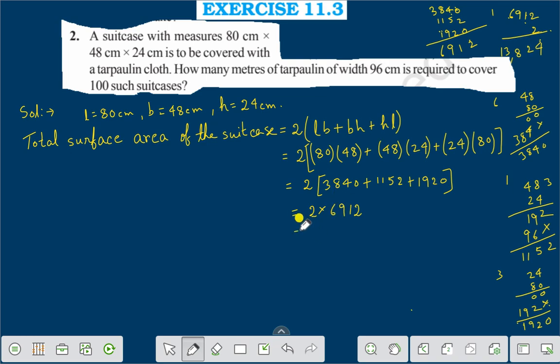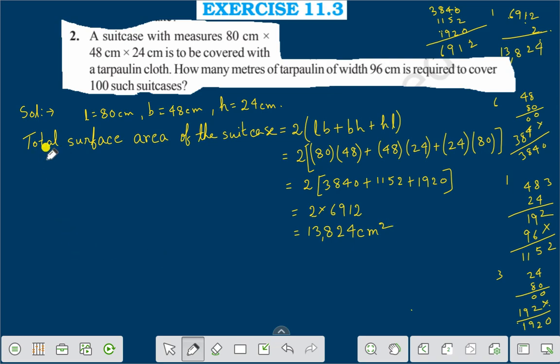That is, we are getting 13,824 centimeter square.